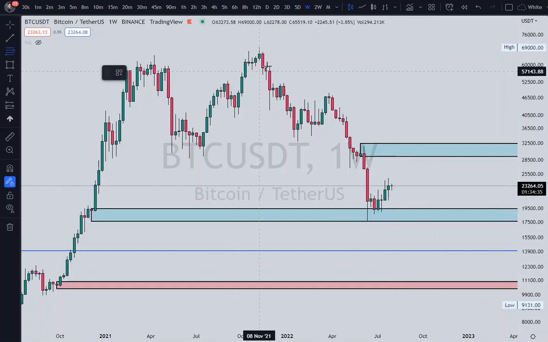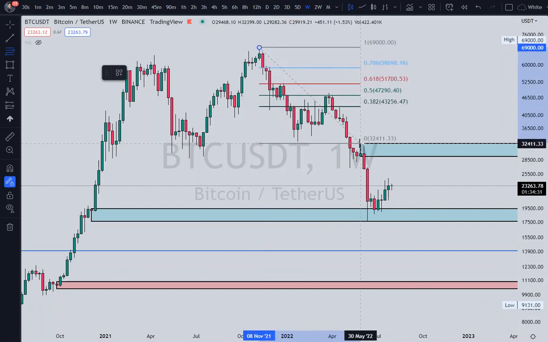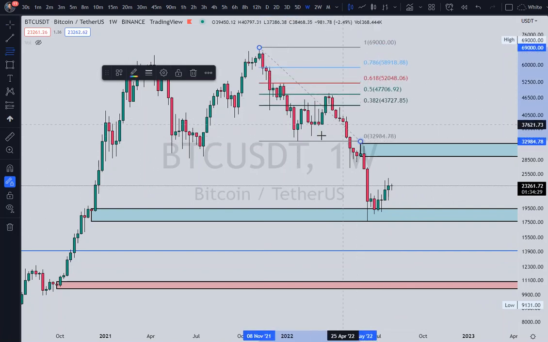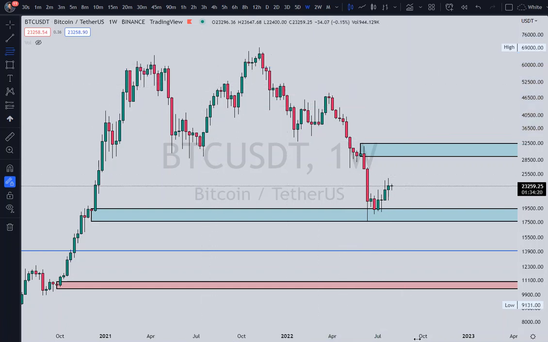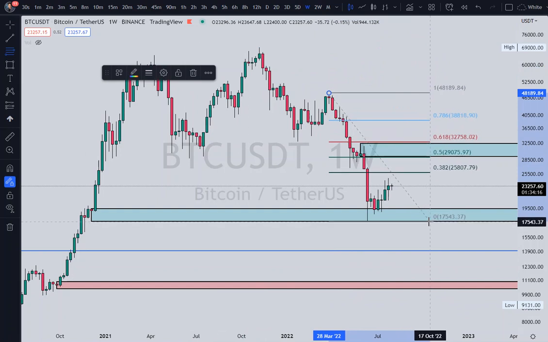Let's use Fibonacci tools to see what happened in the previous drop. In the previous drop, we saw a bounce up to the 50% level here, and let's see where we are now in this bounce.